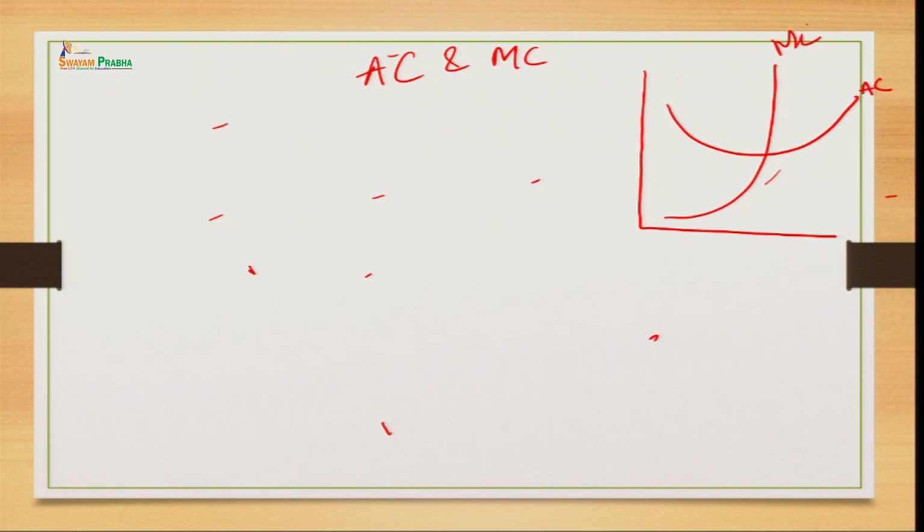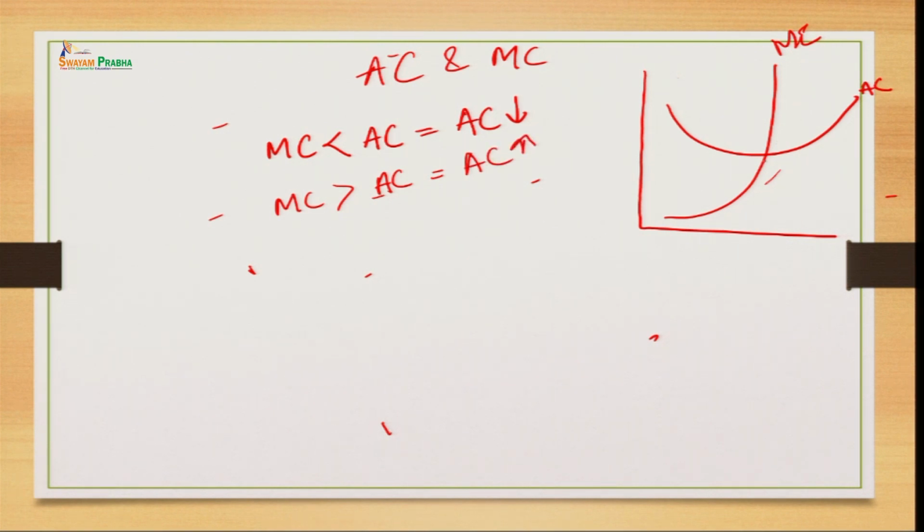So, here again what we are saying, till the time the marginal cost is lesser than the average cost, the average cost curve will decline, right, average cost will reduce. When the marginal cost is more than the average cost, then the average cost curve will increase. See, the marginal cost is more than the average cost, and average cost will start increasing.